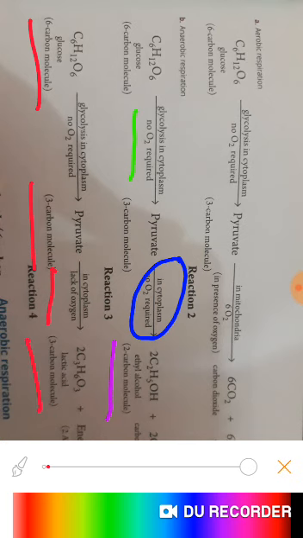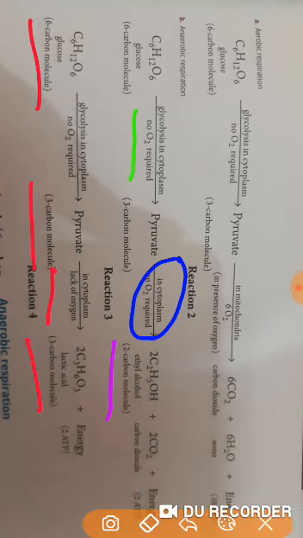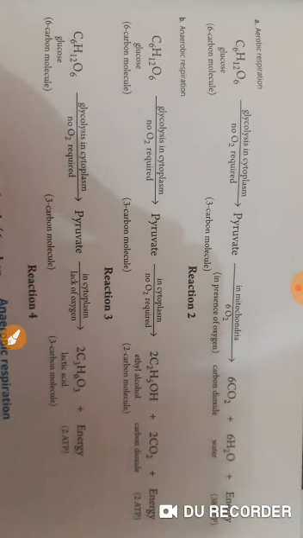And then energy is released. This takes place in our muscle cells when we go for physical hard work. It creates muscle cramps, and how to get rid of them, that I discussed with you. I hope I am clear.